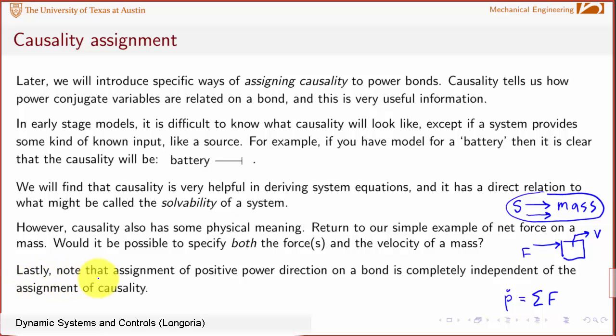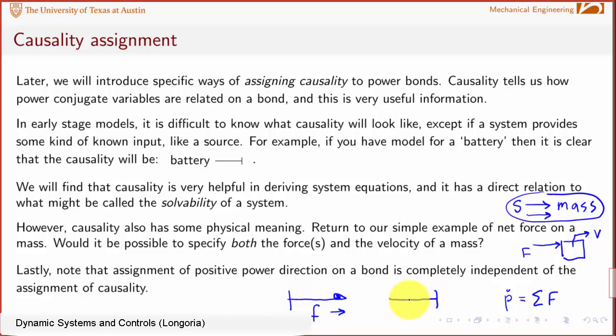Lastly, I want to emphasize that when you assign positive power on a bond, that's independent of causality. So causality has nothing to do with that. You could assign causality on a bond without any power, or you could have causality and sign both. So you could have causality being specified so that flow is being specified in this direction, and then power is also being specified in this direction.